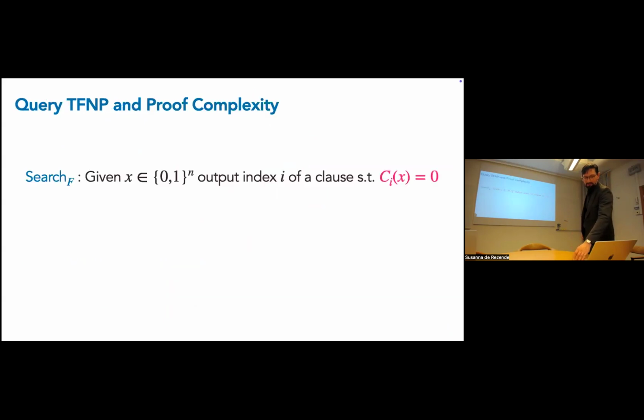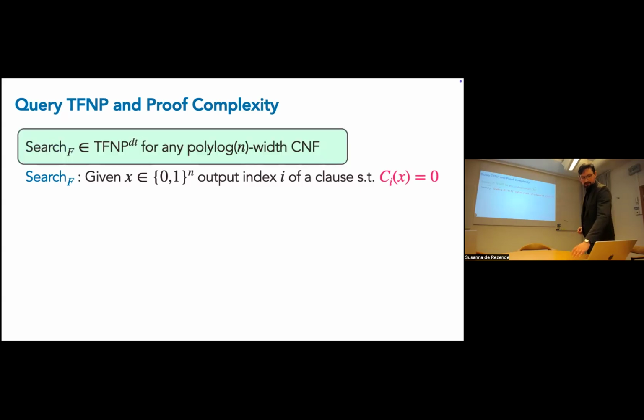So if you remember at the start, I talked about this false clause search problem. Given an input to an unsatisfiable CNF formula, output the index of a falsified clause. This is a problem in black box TFNP if F has polylogarithmic width.